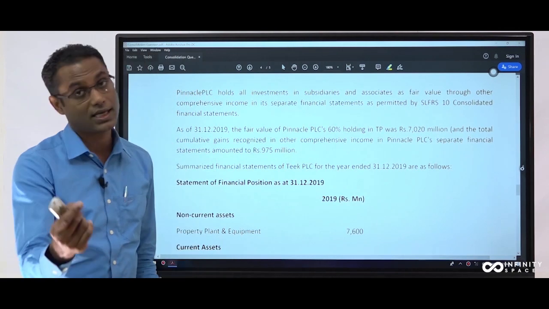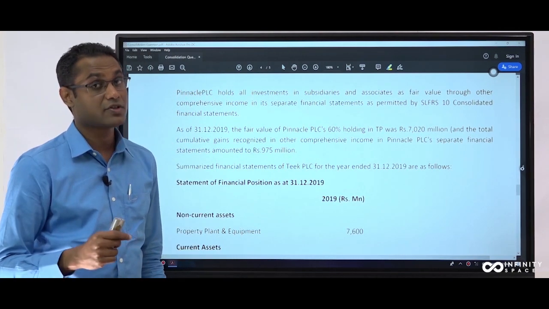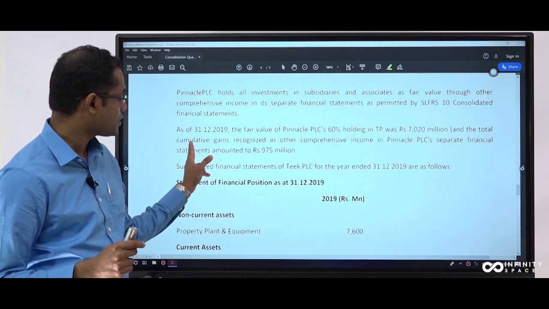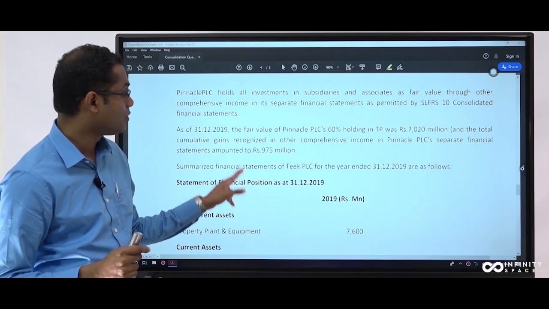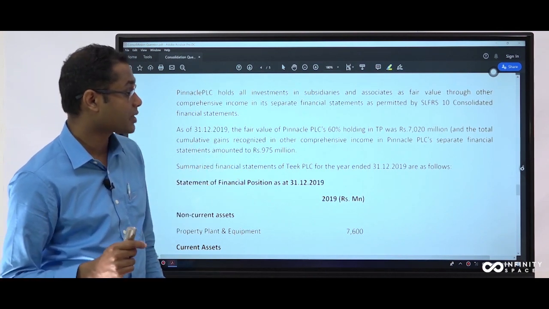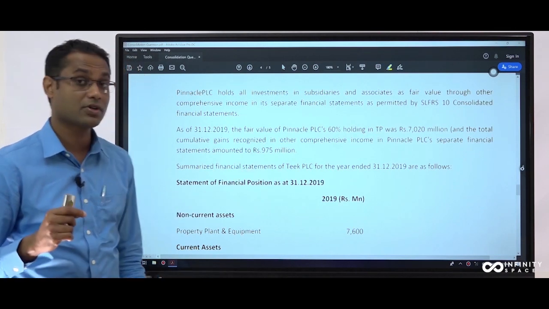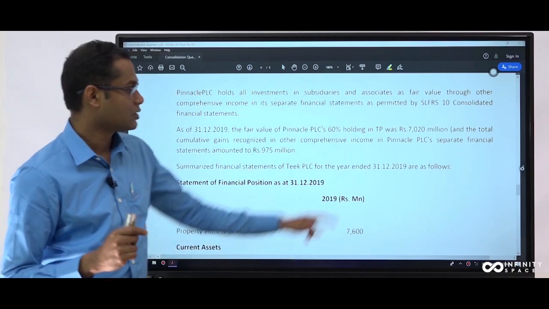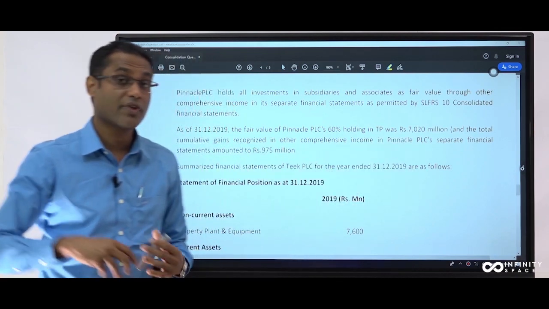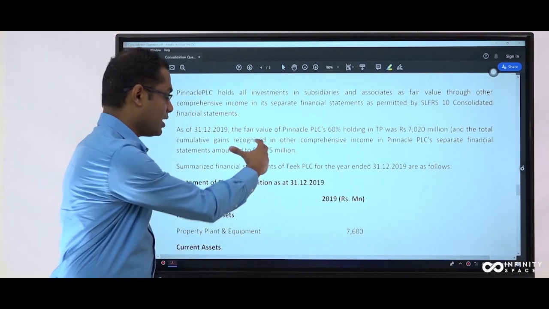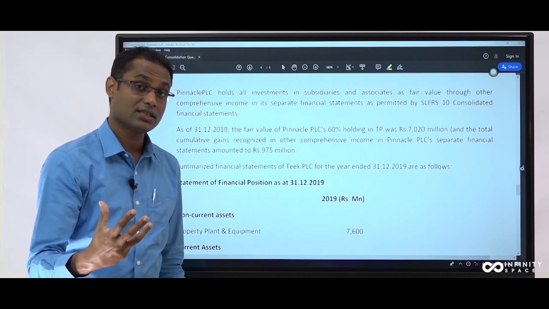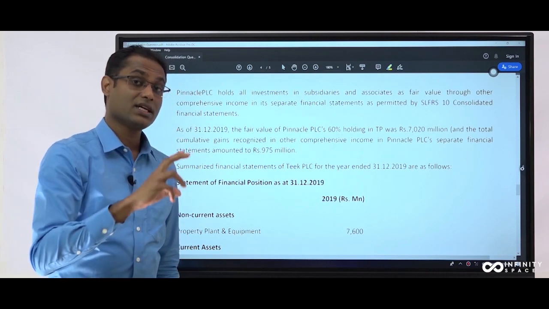This is the figure in Pinnacle's individual balance sheet. So the total cumulative gains recognized in other comprehensive income of Pinnacle PLC's separate financial statements amounted to 975. So this 7,020 fair value reflects a cumulative gain recognized since the acquisition date.